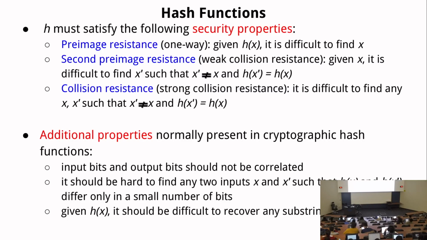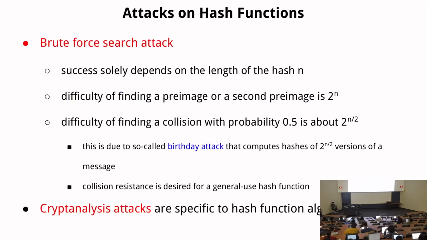Those are the basic properties of a hash function. People also define how to quantify the properties. For example, for a brute force attack, it should be difficult to find a pre-image or second pre-image.